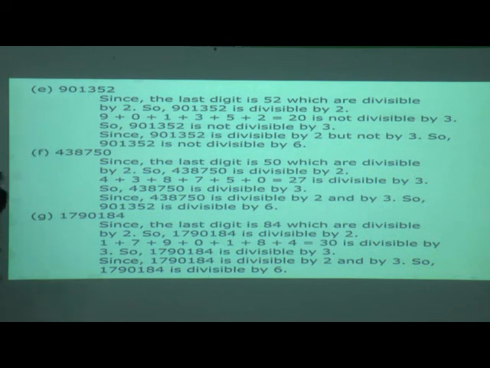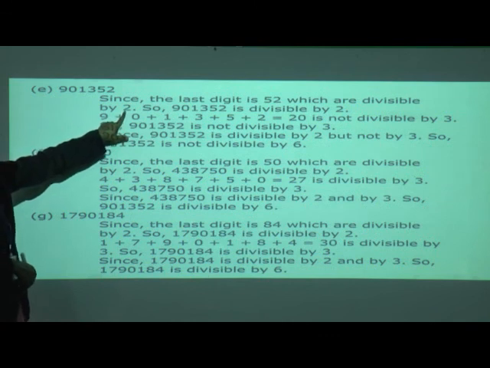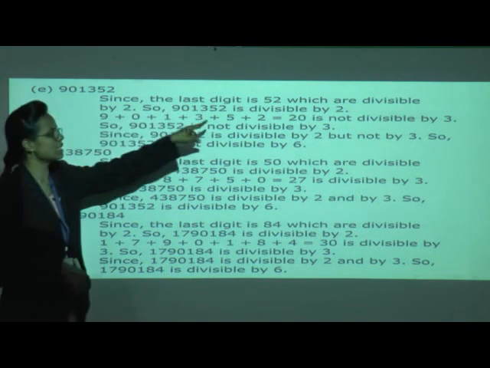Now we again have a 6-digit number. The last digit, in the ones place, we have 2 here. So the number is divisible by 2.